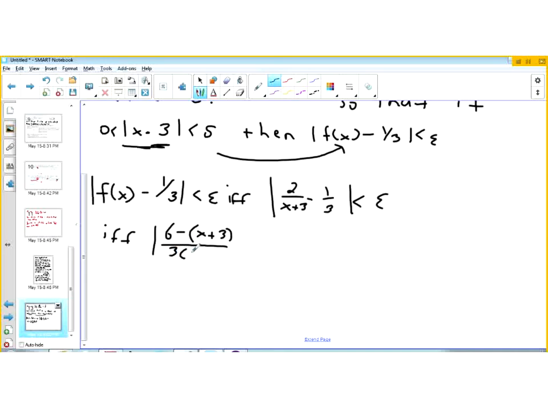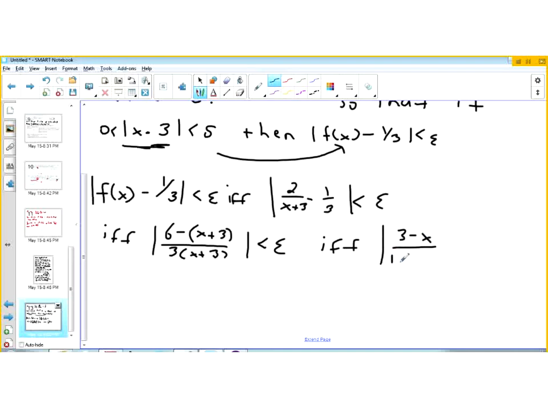Okay, so now I'll do the subtraction, and when I do the subtraction, I'll have 6 minus x plus 3 divided by 3 times x plus 3 is less than epsilon.